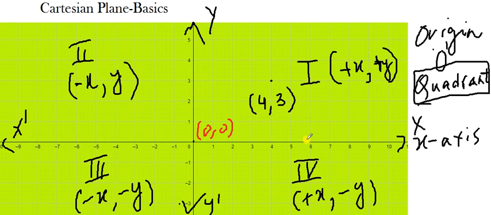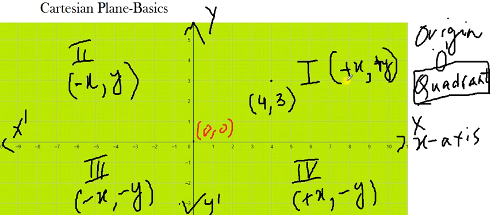The two axes divide the entire plane into four quadrants. Starting from the top right, it's quadrant 1, where both x and y are positive. Moving in the anti-clockwise direction, quadrant 2: x is negative, y is positive. Coming down, left down, it is negative x, negative y, and the fourth quadrant is positive x and negative y.